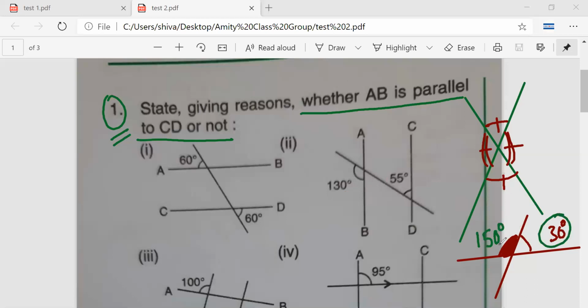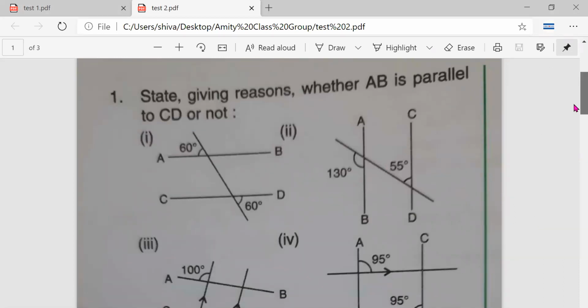This is 30 degree. Therefore, this angle would be, because this is a straight line, 180 degree minus 30 degree is equal to 150 degree. Any doubt? So what I'm trying to tell you is that it is not given that AB is parallel to CD. You need to prove that AB is parallel to CD. Have you understood this? Yes, sir.